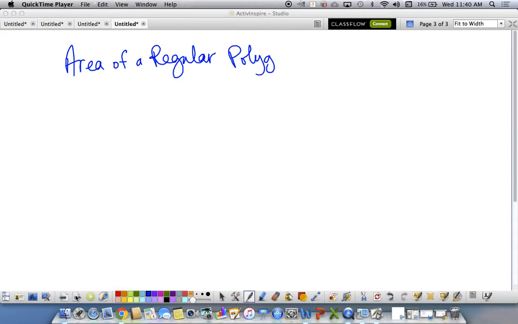The area A of a regular polygon is half the apothem length a and the perimeter of a regular polygon. So you're going to have 1/2 a times P. So it's 1/2 the apothem times the perimeter.